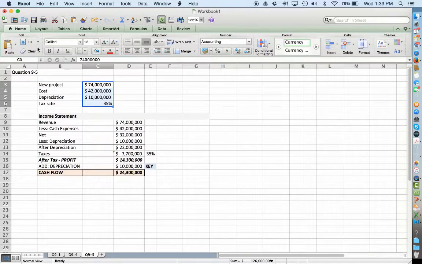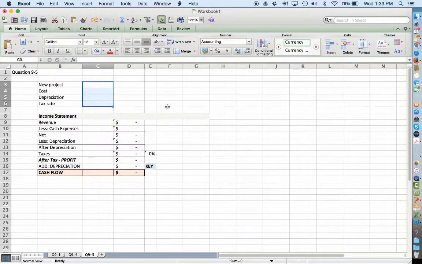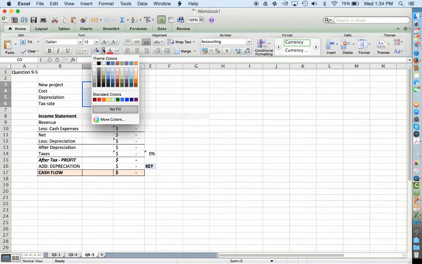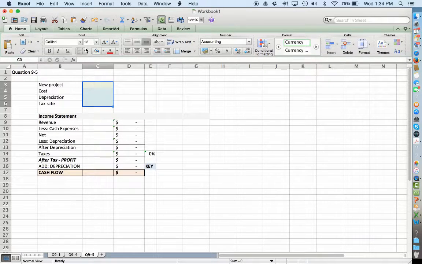This creates a template for you. Then go into problem 9-5 and fill the data back in, and see what the cash flow answer is that you get. We'll take 2 minutes to do that, maybe 3.